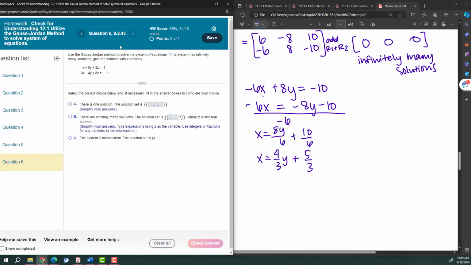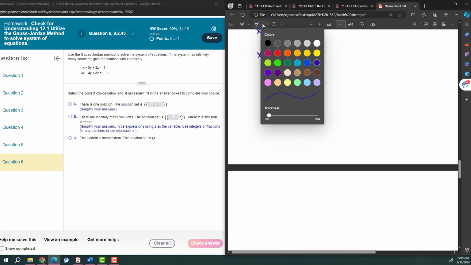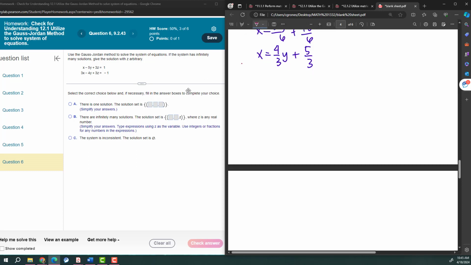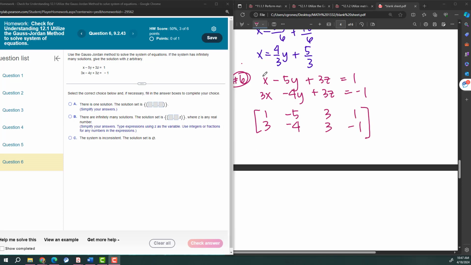And then number 6 is going to be the last one for this section. All right, so this one is going to be pretty long. If you want to fast forward, you can do that. They only gave us 2 equations.